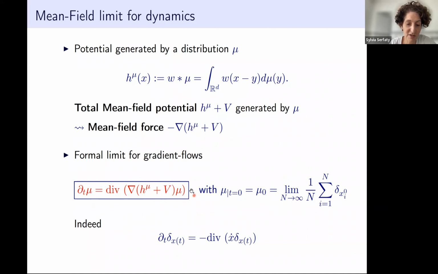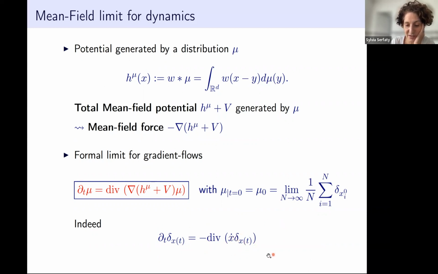So how do you guess this red equation? Well, you remember that on a purely formal level, but in the sense of distribution, it's correct. If you have a Dirac mass at the point x of t, which is moving, you differentiate in time this distribution. It's equal to minus the divergence of the velocity of the point times the Dirac mass.